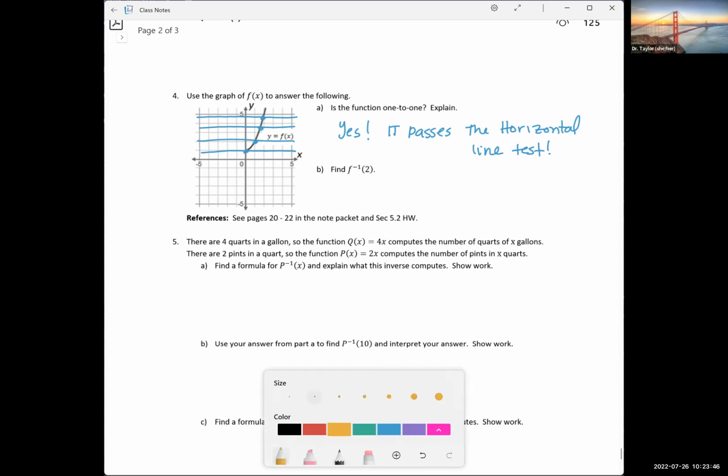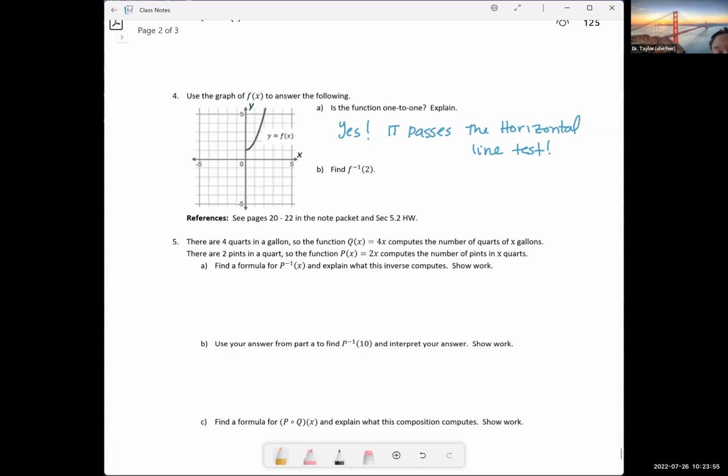Okay. And then it says find F inverse of 2. So there's a couple different ways to do this. We can find different values on the graph, like I had y'all do when you were in the breakout rooms, and make a table. So when X is 0, F of X is 1. This is 1, 2. This is 2, 5.